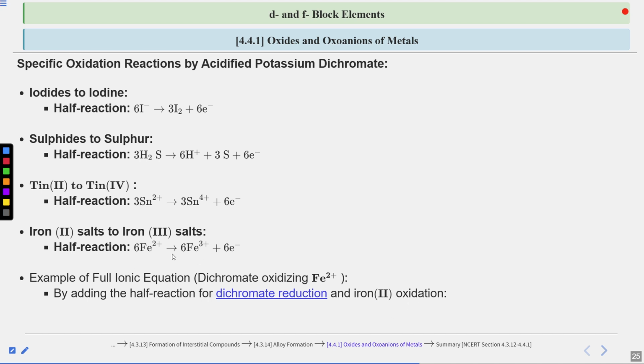You get Cr2O7 2-, the dichromate ion, reacting with 14 protons plus 6 Fe2+ ions, giving 2 chromium 3+, 6 Fe3+ and 7 water molecules. So chromium goes from +6 to +3, and iron from +2 to +3.